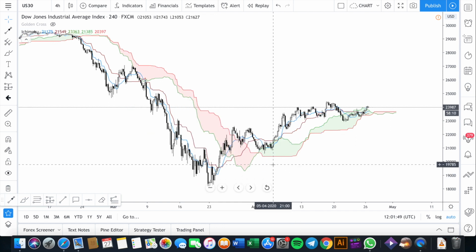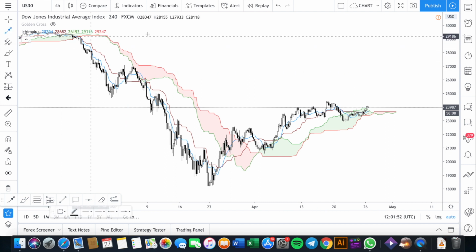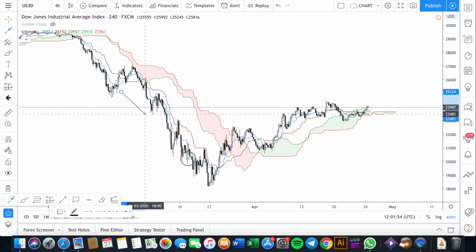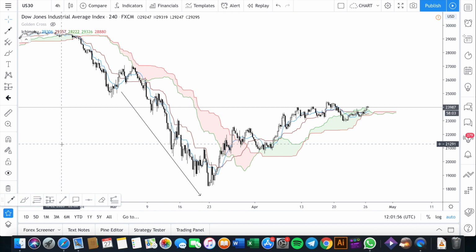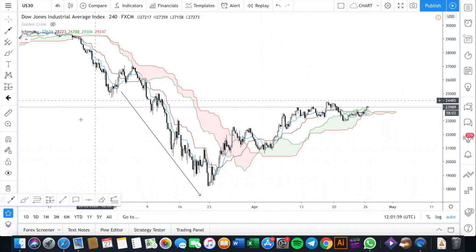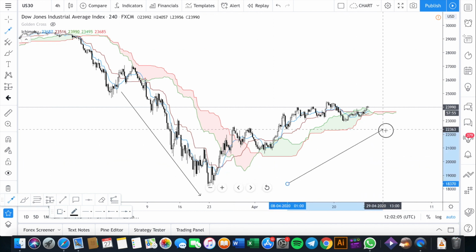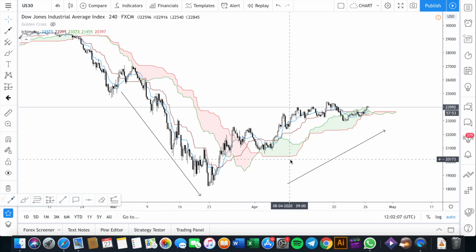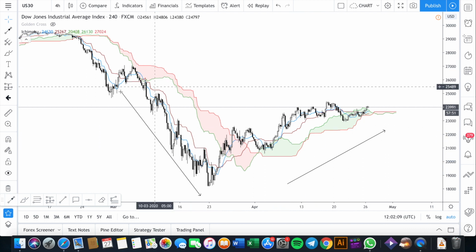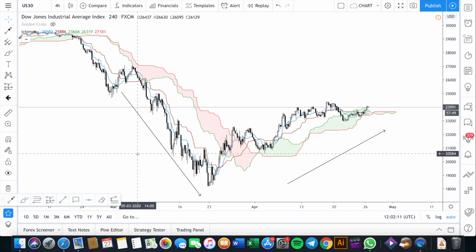If we see the cloud below the price, that means it's going to be bullish, so we are looking for a buy. As you can see in this example, the clouds are below the price, so it's a buy for sure.